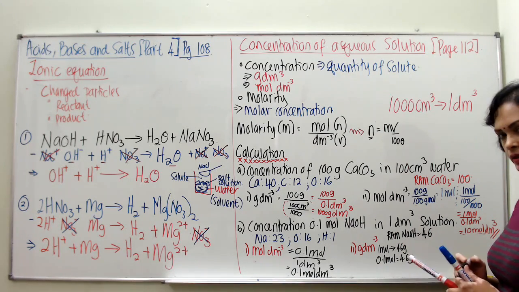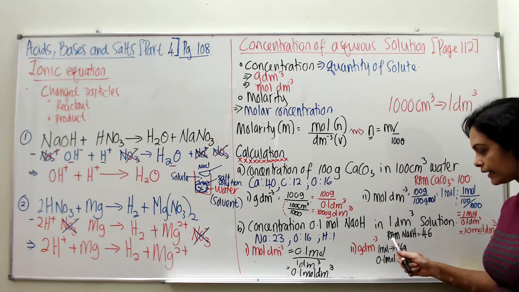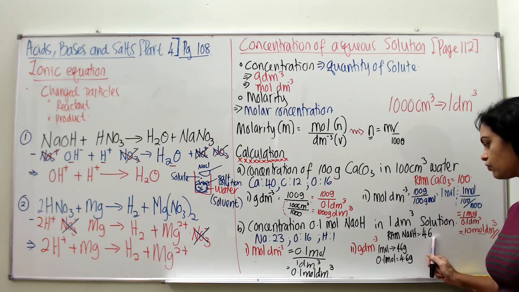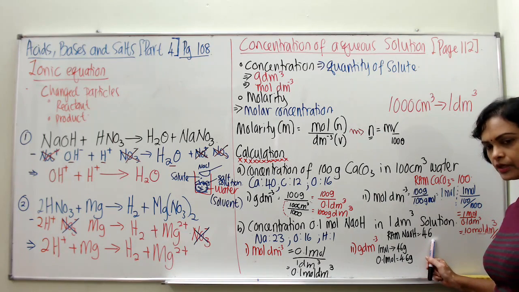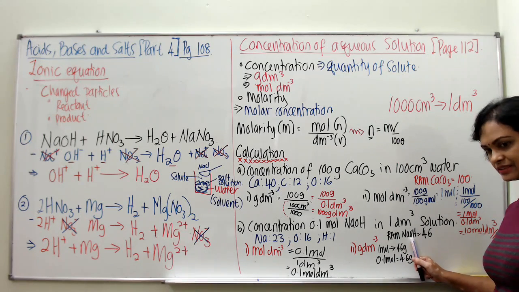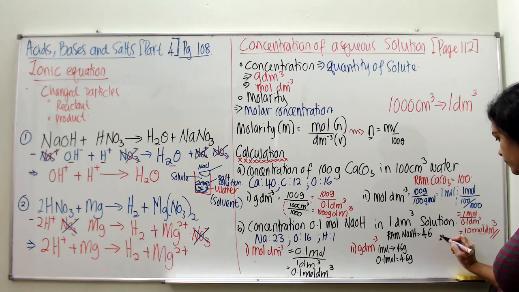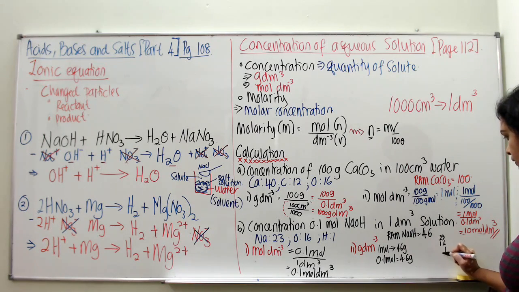Okay, so teacher repeat. Relative atomic mass for sodium hydroxide is 46. 23 plus 16. Okay, 23 plus 16 is it 46? Sorry, 40.